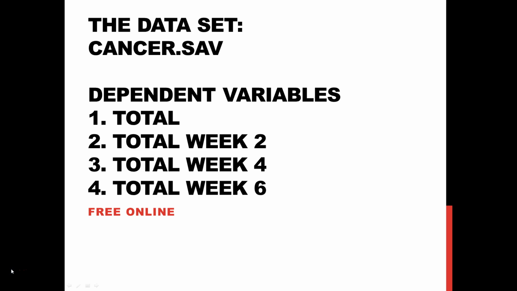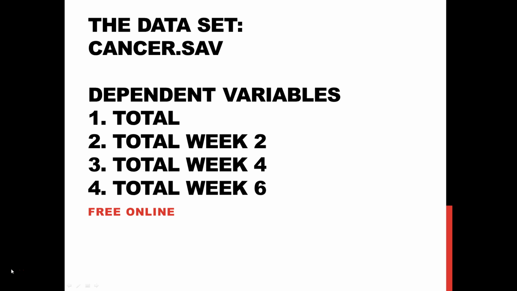Let's take a look at our data set. The name of our data set is cancer.sav, and we have four dependent variables. The first is titled total, and that's the initial test of cancer.